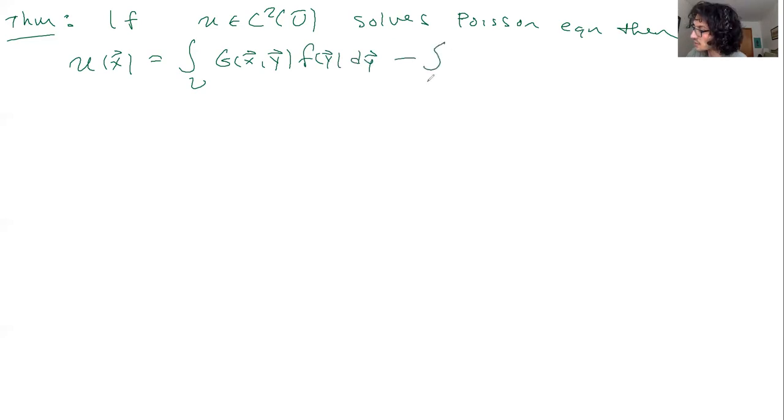And then we have this correction, which is actually going to be the normal derivative of G of x, y that's taken over the boundary, right? dS_y here. Okay.